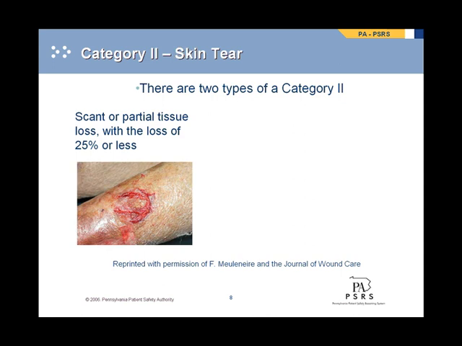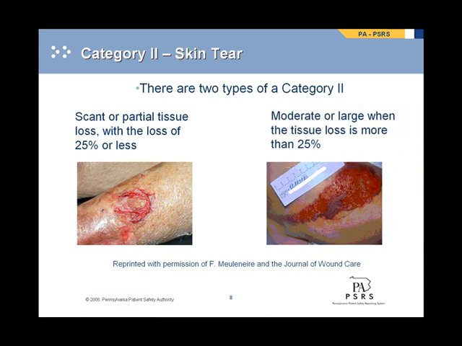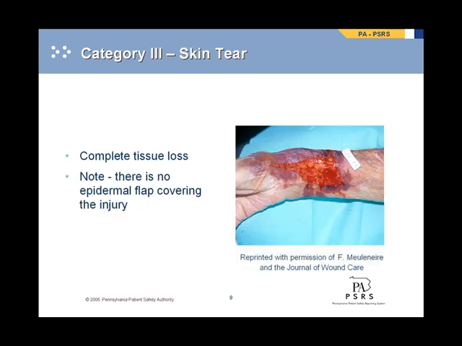Category 2, or partial tissue loss, is when there is scant loss of 25% or less. Moderate or large when the tissue loss is more than 25%, but not a complete loss of tissue. Category 3 skin tear is the most severe, with complete tissue loss or no epidermal flap covering the injury.